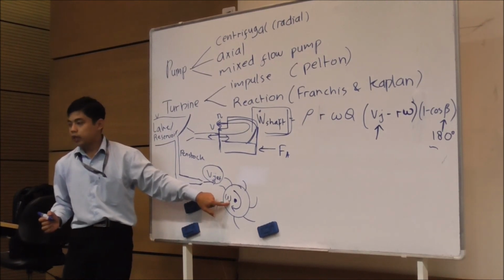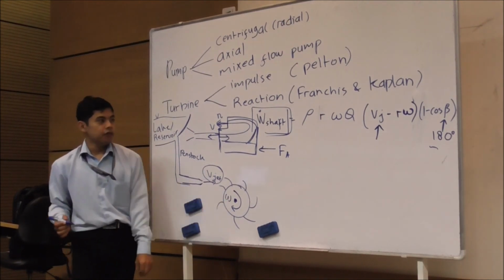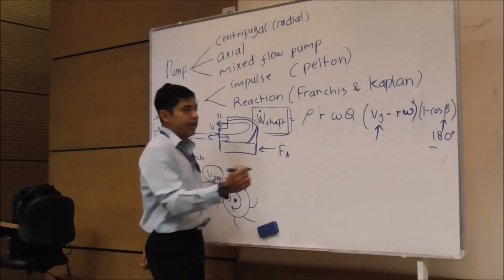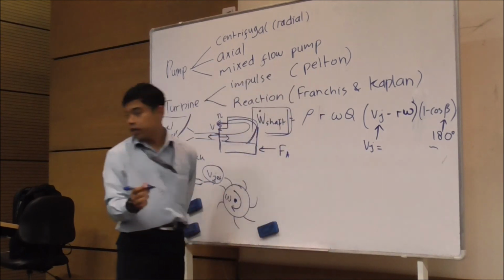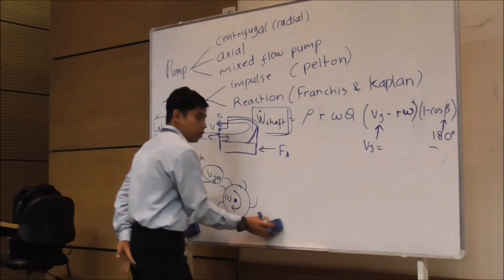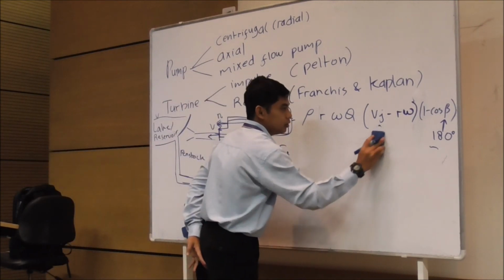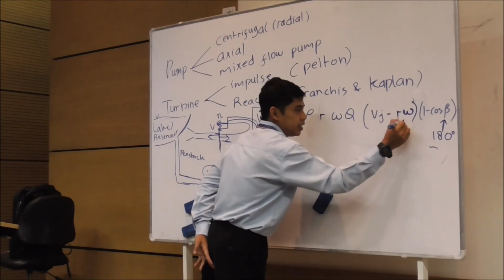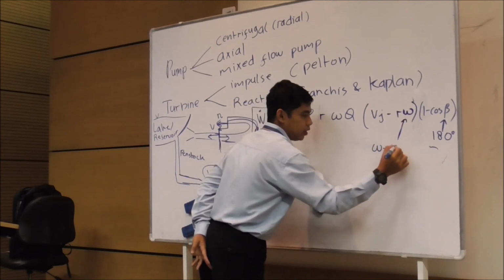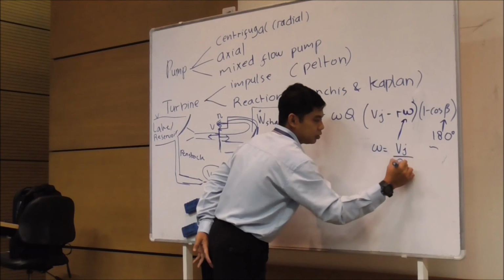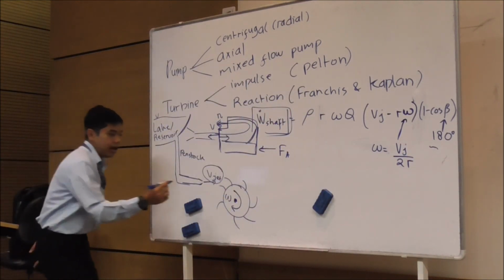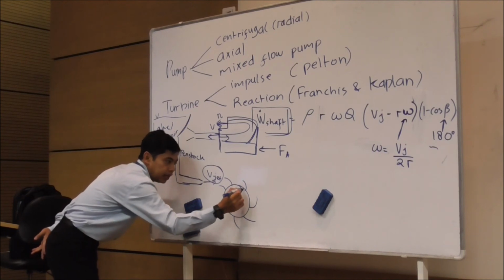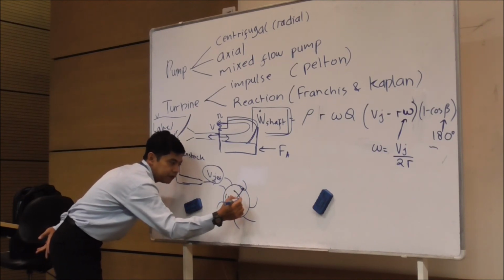Now, if you want to get the maximum theoretical value, you will achieve it when you set the omega, the rotation of the turbine, equal to phi jet over 2r, and r is the radius of the bucket.